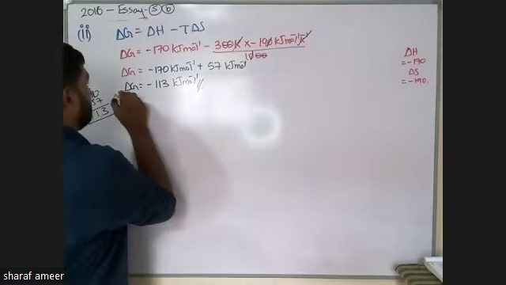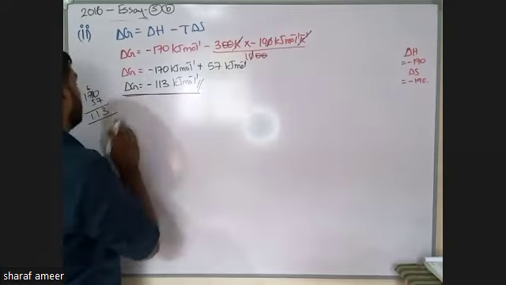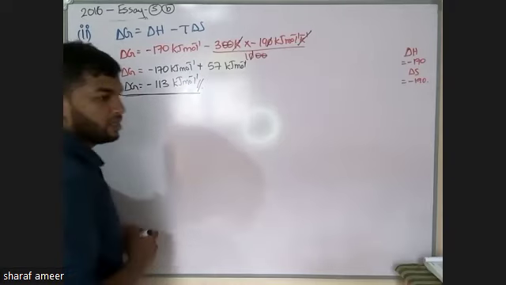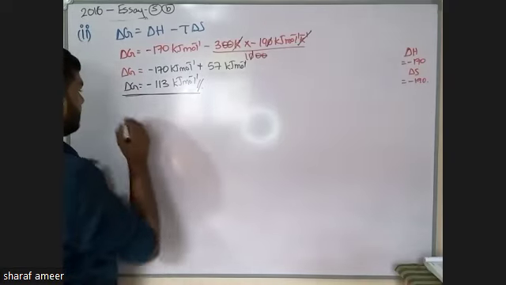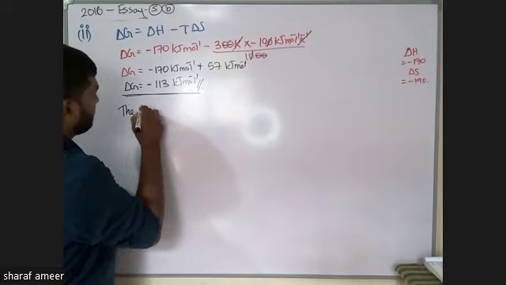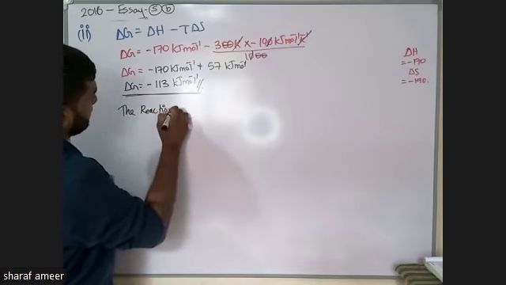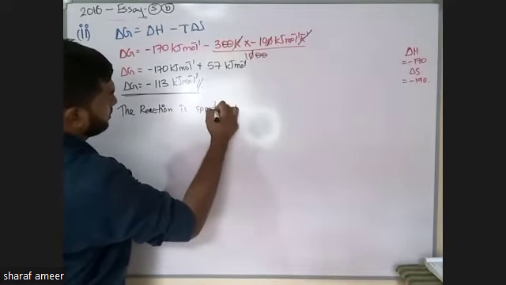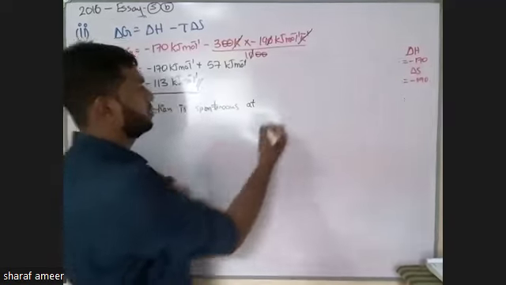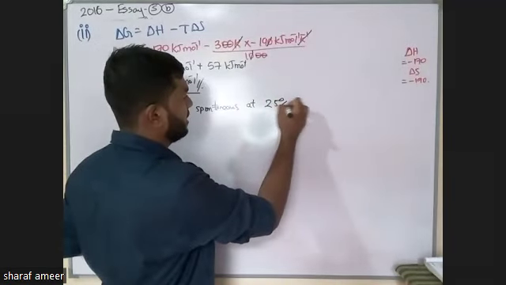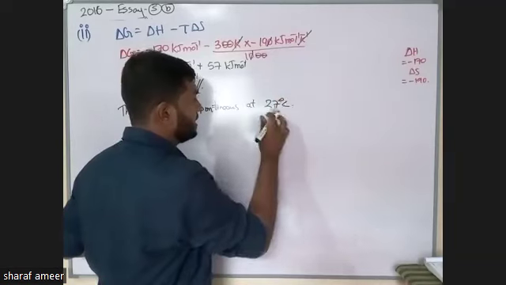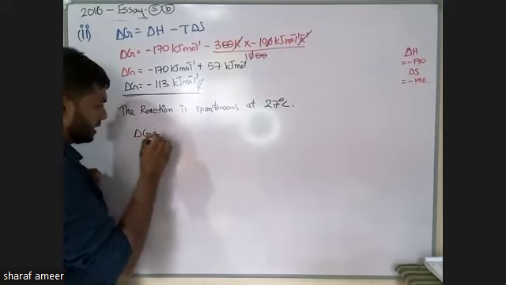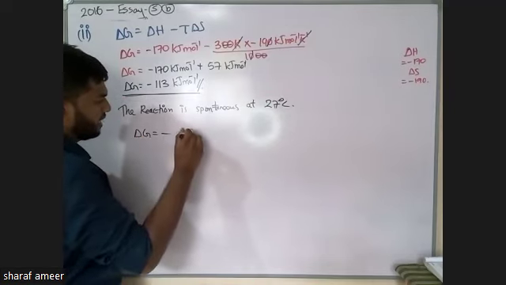So since the delta G is a negative value, we can say the reaction is spontaneous at 27 degrees Celsius. Understood? So when delta G is negative, it is spontaneous.